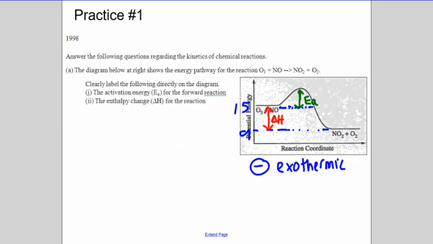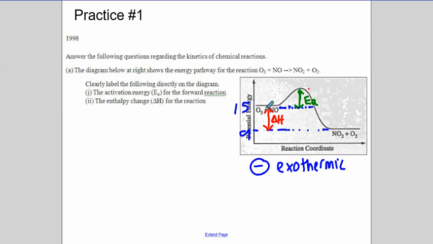Okay, so looking at this problem, this is from AP in 1998. On the diagram below, we just need to label everything. If these are our reactants, draw the dotted line across, and from here to the peak is our activation energy.